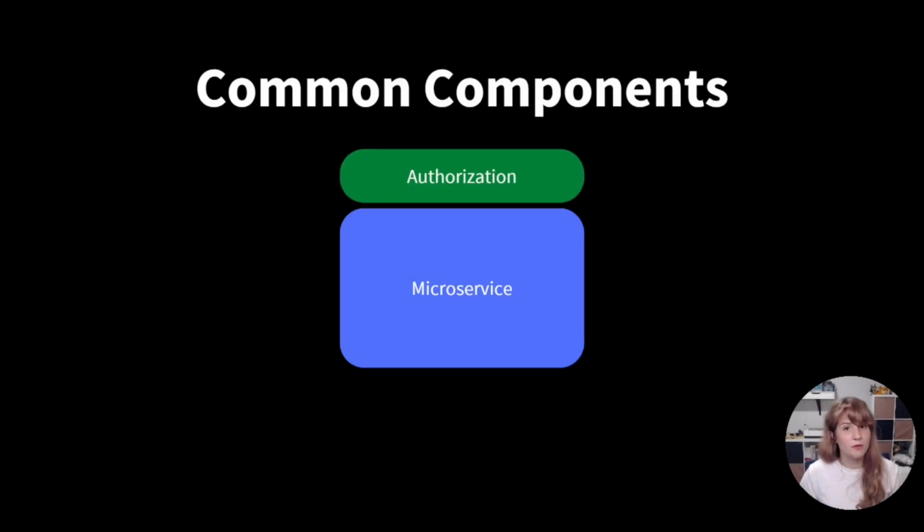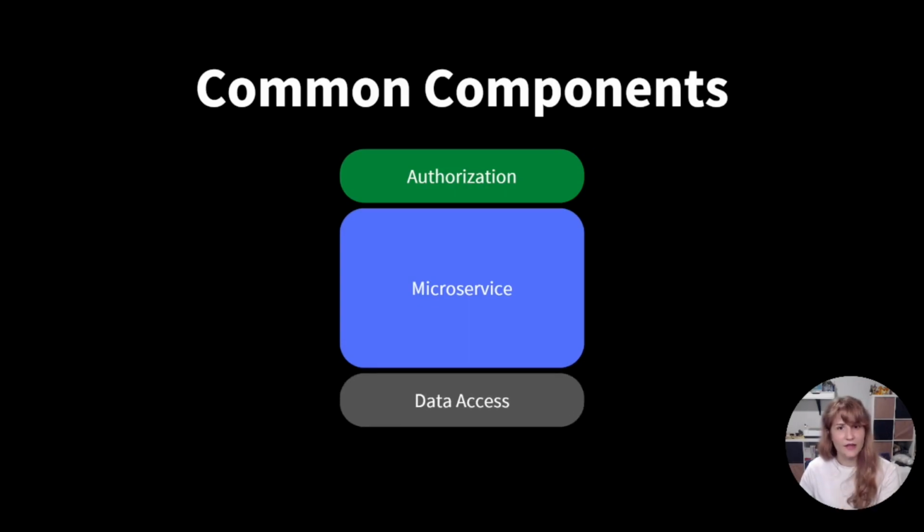An obvious shared component would be the authorization. We don't want anybody just coming in and accessing our microservice, so we should have an authorization layer. With this authorization layer, we can even grab information from a JWT to determine a user ID or a tenant ID.